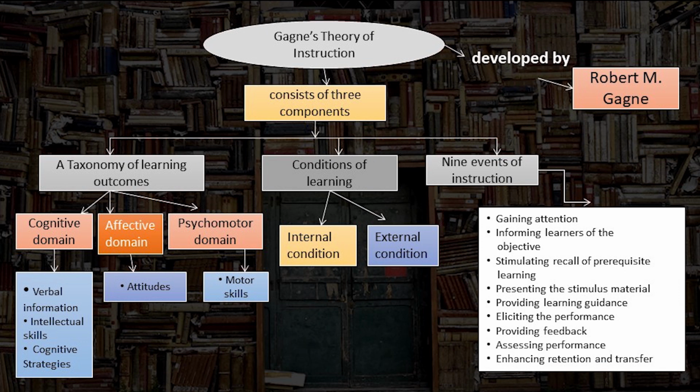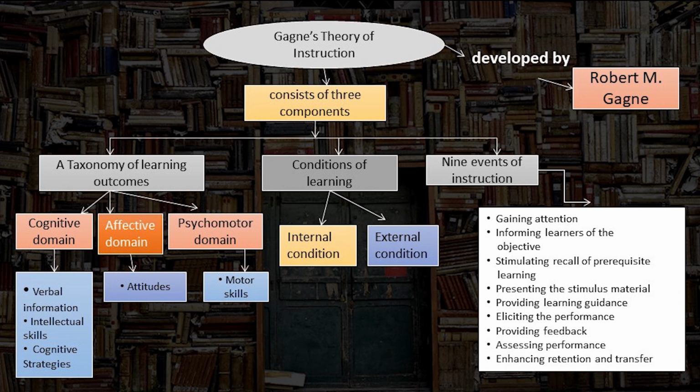So what is happening in the cognitive domain? In the cognitive domain, the learning outcomes can be categorized as verbal information, intellectual skills, and cognitive strategies. So there are 3 learning outcomes happening in the cognitive domain.